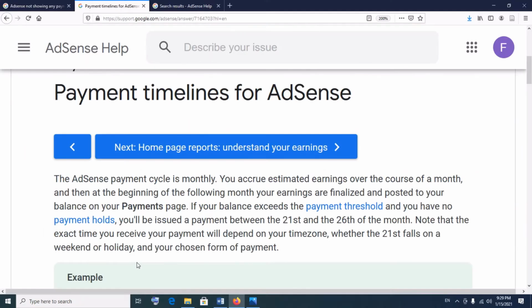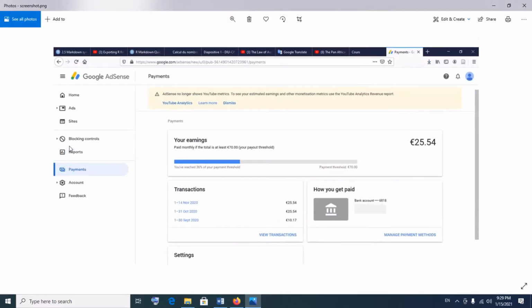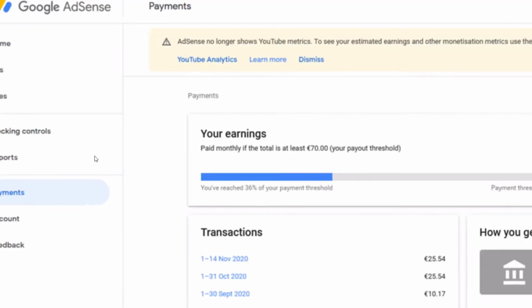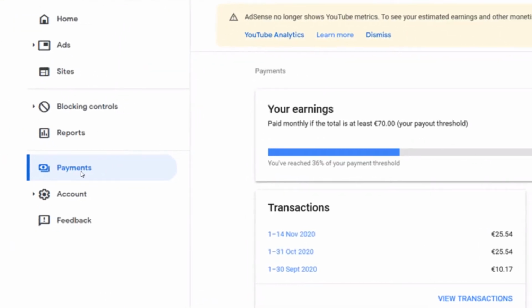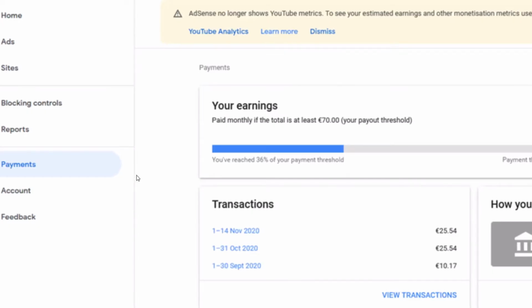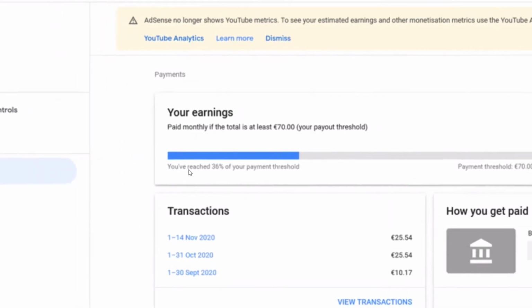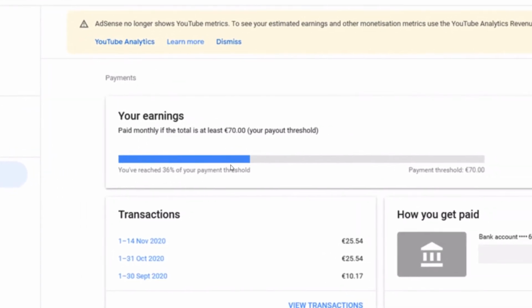This is what I've already explained. So you accrue payments, and at the end of the month all those payments will be finalized, and then at the beginning of the month, somewhere between the 10th and the 14th, it will reflect over here.